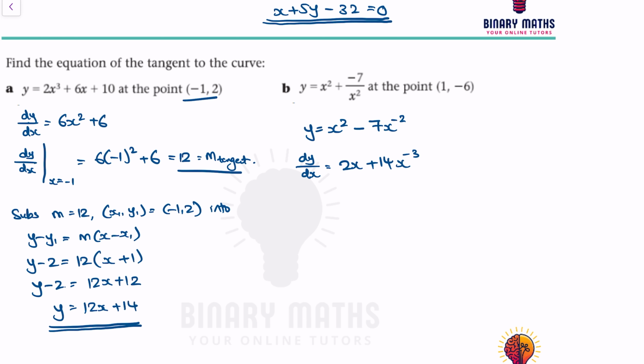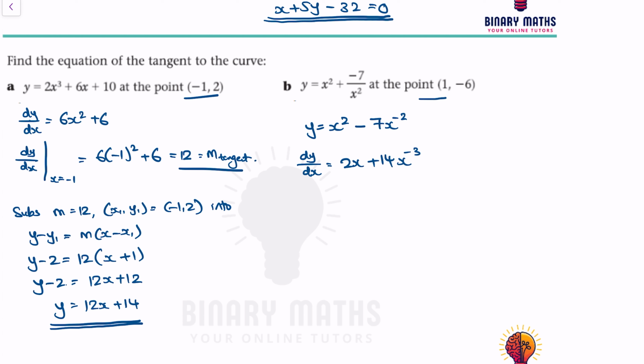Because we're trying to find the tangent at the point 1, minus 6, I need to work out dy dx at the point x equals 1. So substitute x equals 1 into dy dx. So I get 2 times 1 plus 14 times 1 to the power of minus 3, which gives me 2 plus 14, which is 16.